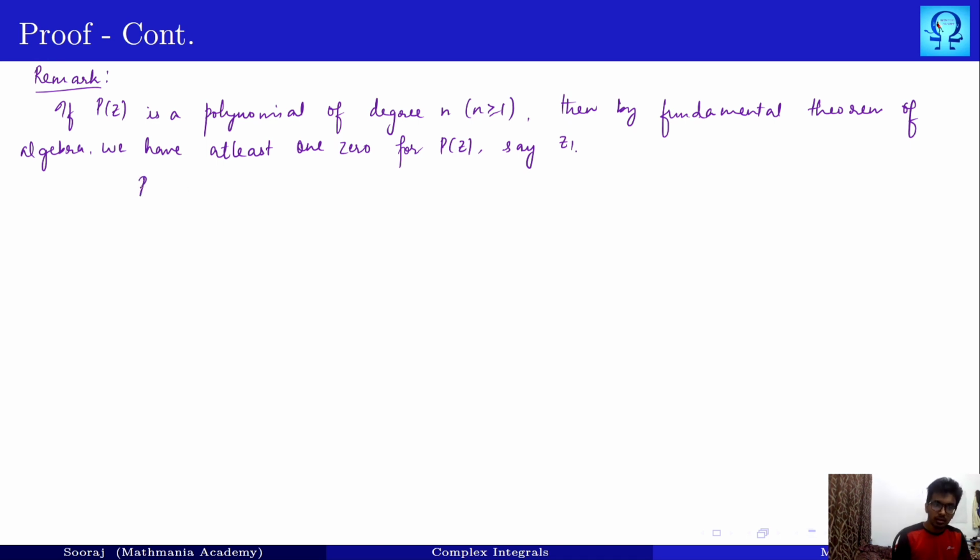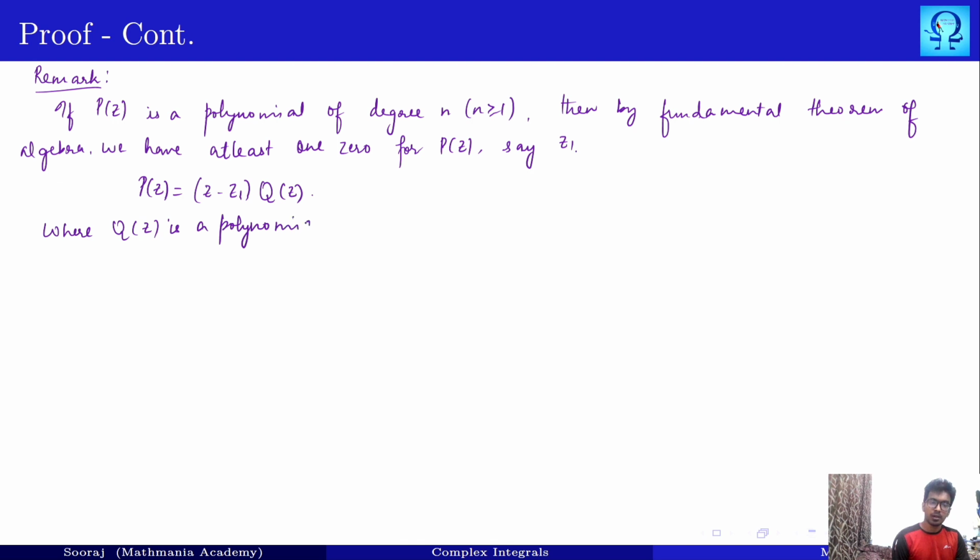Then p of z may be written as z minus z1 multiplied with q of z, where this q of z is a polynomial of degree n minus 1.